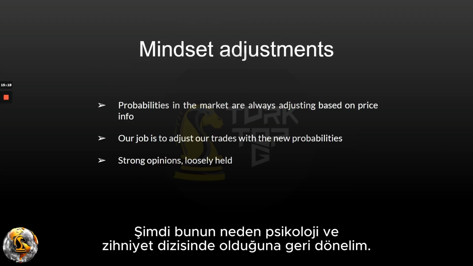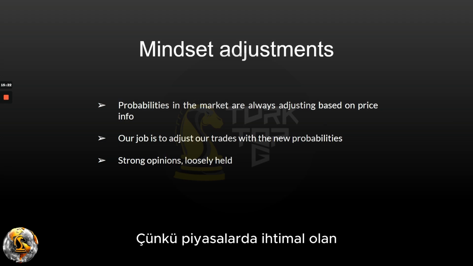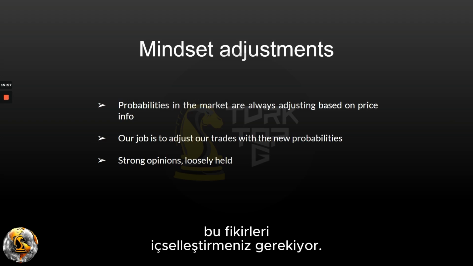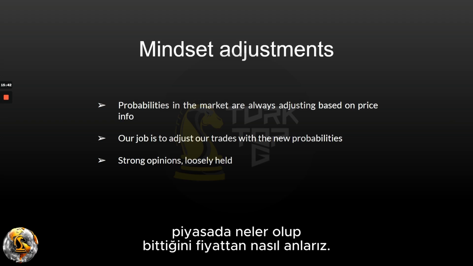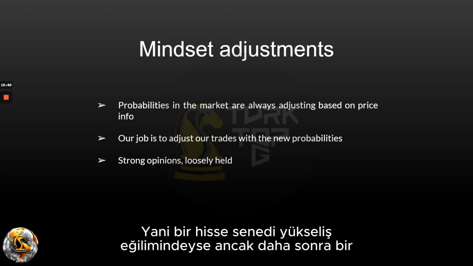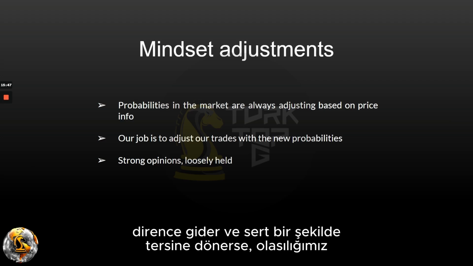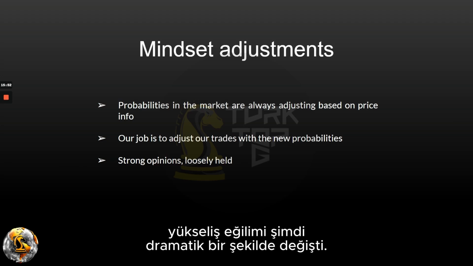So now let's tie it back to why this is in the Psychology and Mindset series. It's because you have to internalize this idea: probabilities in the markets are always adjusting based on what's going on in the market. How do we know what's going on in the market? Through price. So if a stock is bullish, but then it goes to a resistance and reverses hard, our probability of being bullish has changed dramatically.